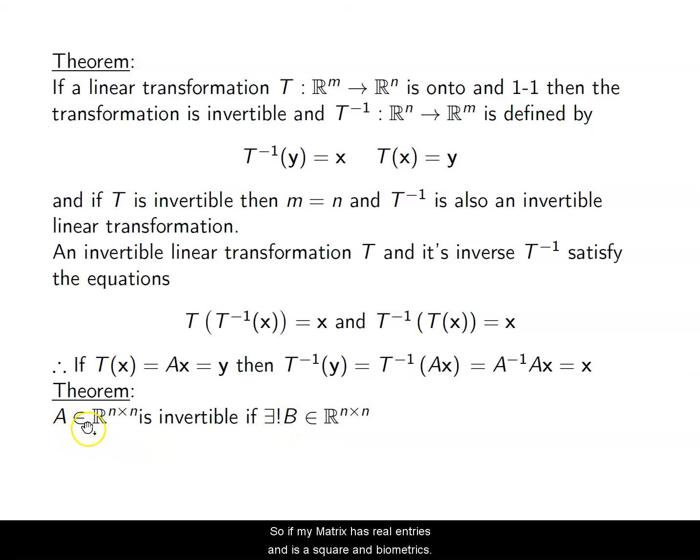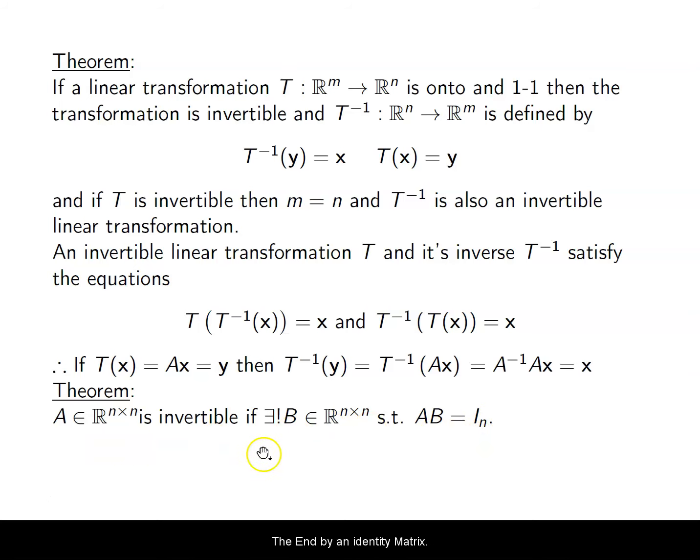Okay, so if my matrix has real entries and is a square n by n matrix, it is invertible if there exists a unique matrix B that has entries that are real numbers and B is n by n, such that if I multiply A times B together, I will get out the n by n identity matrix.